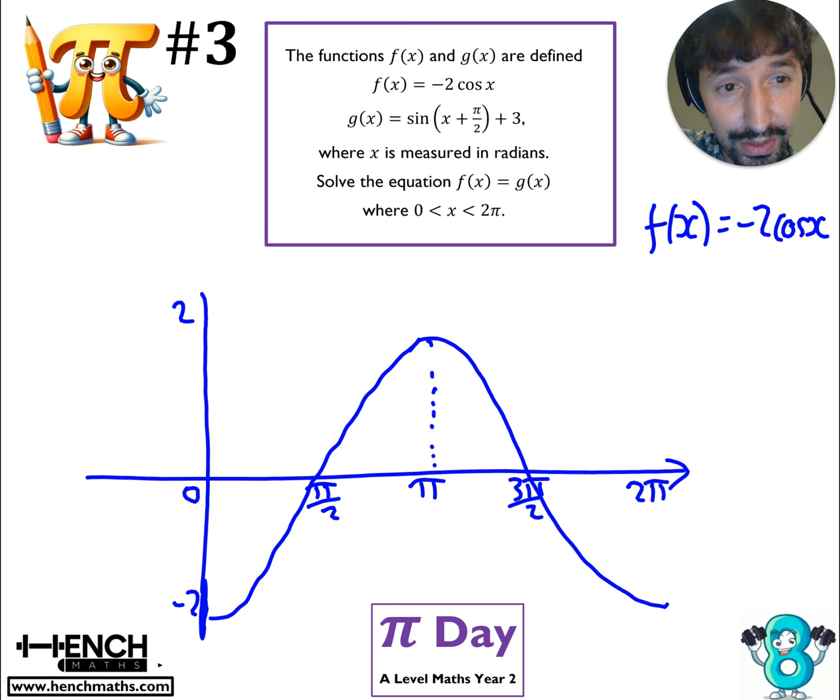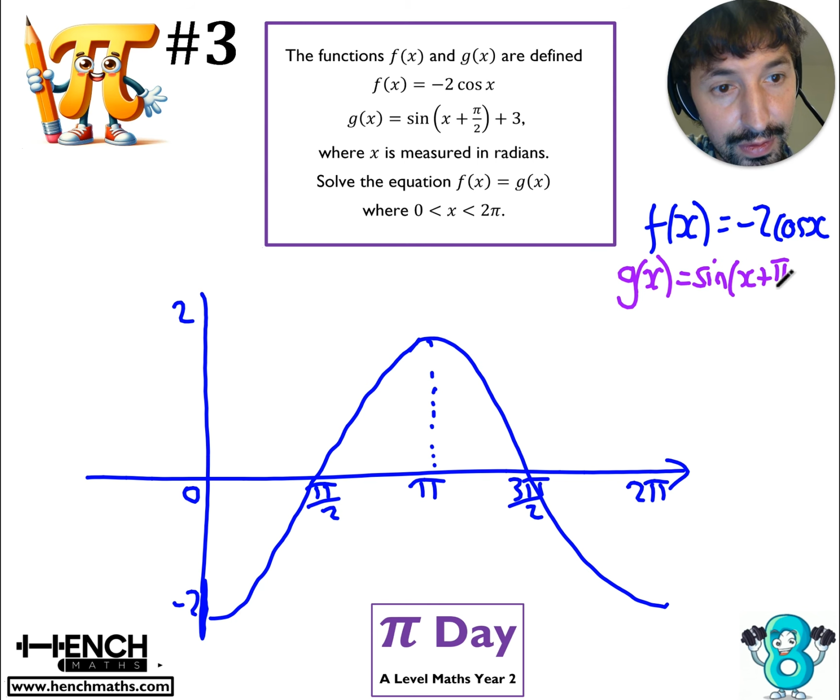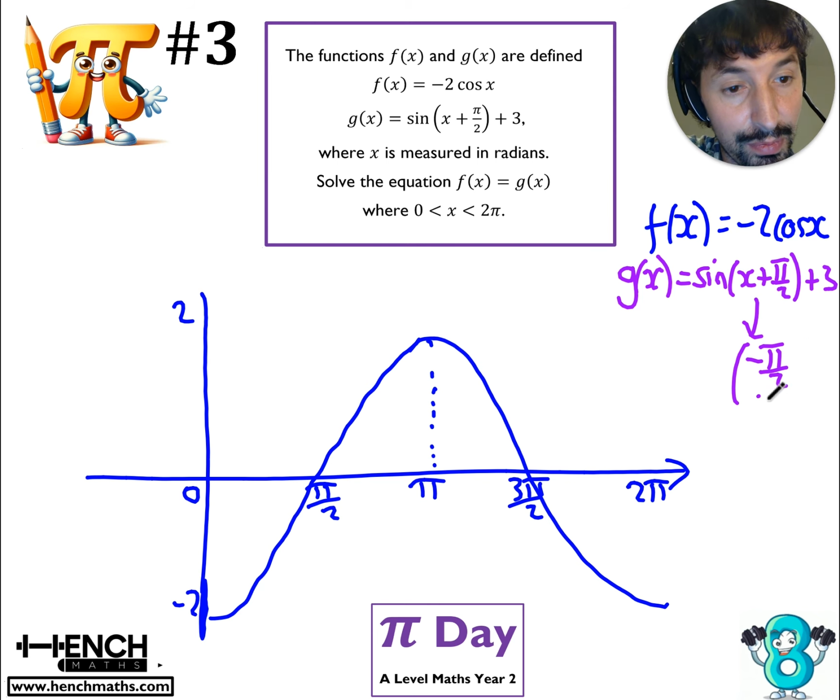So we've got 2 transformations to g of x. I'm going to do that in a different colour. g of x is equal to sine of (x plus pi over 2) plus 3. The pi over 2 in the bracket is going to shift it by negative pi over 2 as a translation, and the plus 3 on the end is going to move it up 3.